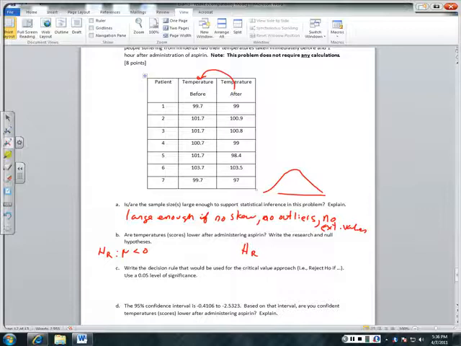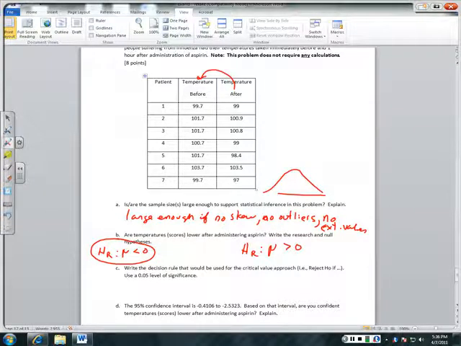And though this was really what I thought, given the wording of the problem, was the best, I did accept this as well. But now when you went down to the next part, you had to match up with what you had here.